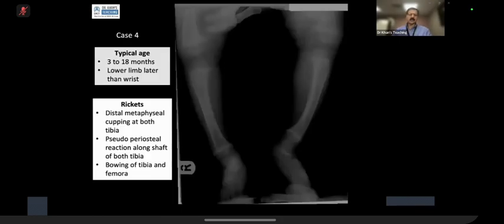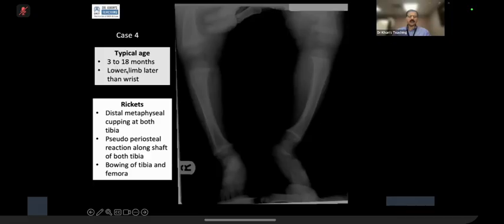Then comes rickets. Now, rickets is interesting. Can there be periosteal reaction in rickets? It can be what we call a pseudo-periosteal reaction, which might not be seen in each and every case. Remember this. But I'll come back to that point. The typical age group is 3 to 18 months initially, usually in the wrist.